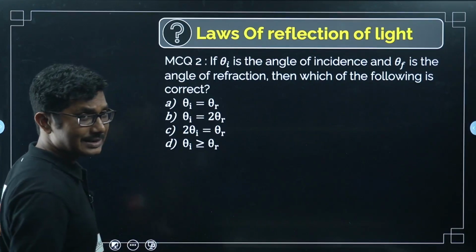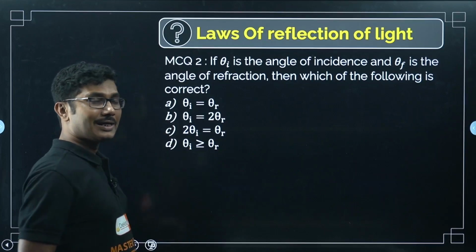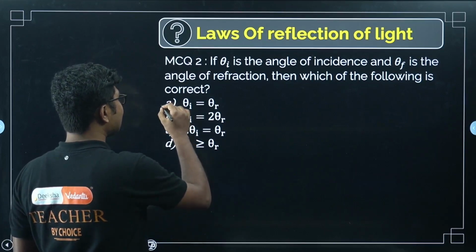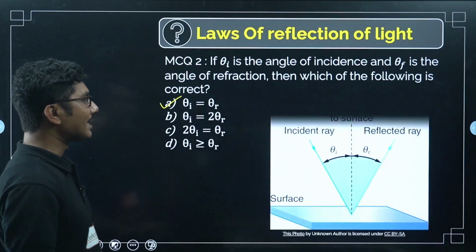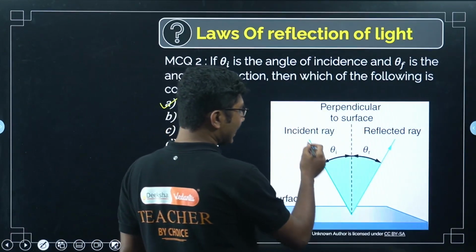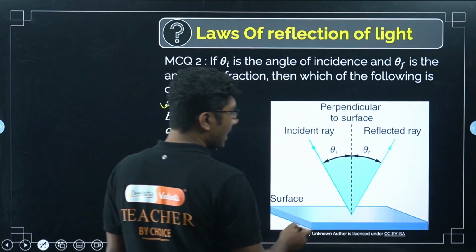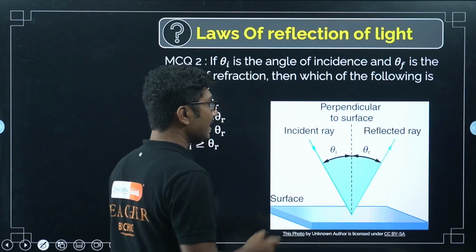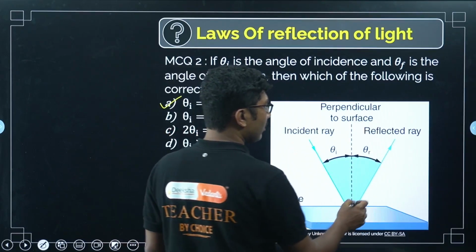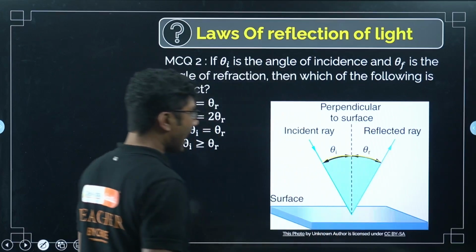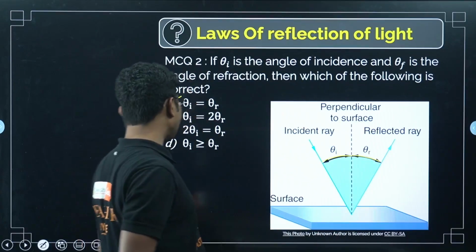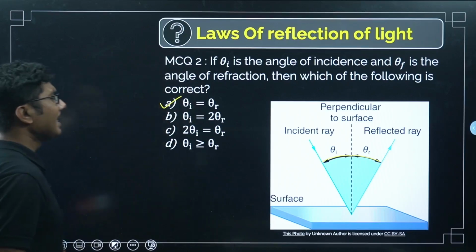As we have learned, the angle of incidence is equal to the angle of reflection, so the correct option is option A. You can see in the image that when light falls on the medium and reflects back to the first medium, this is called the incident ray, this is the reflected ray, this is the angle of incidence, this is the angle of reflection, and these two angles should be equal, right?